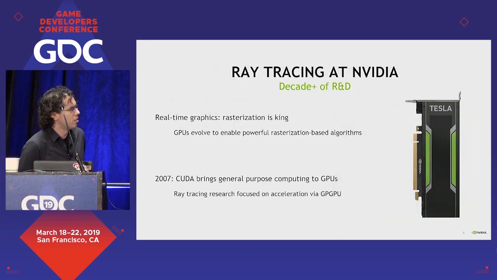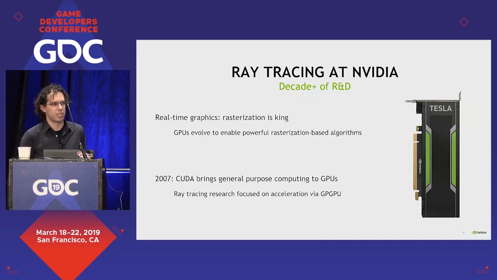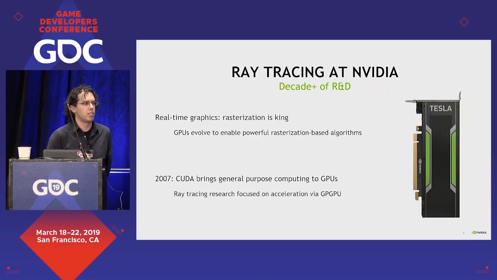Now, as I alluded to, for real-time graphics, pretty much rasterization is king. And up until recently at least, most hardware was developed towards rasterization, and GPUs evolved to become these massive parallel rasterization and shading machines that we know today. And at NVIDIA, graphics is kind of a thing we like. We tend to put a lot of effort into graphics R&D.